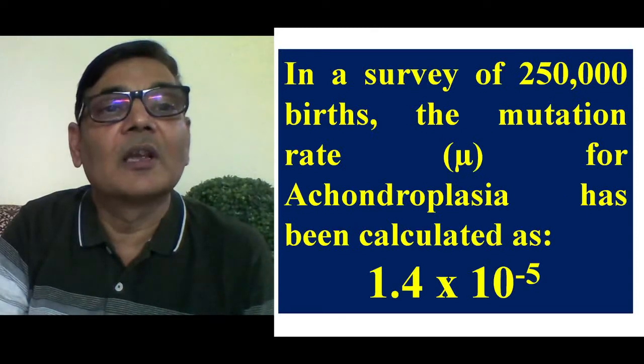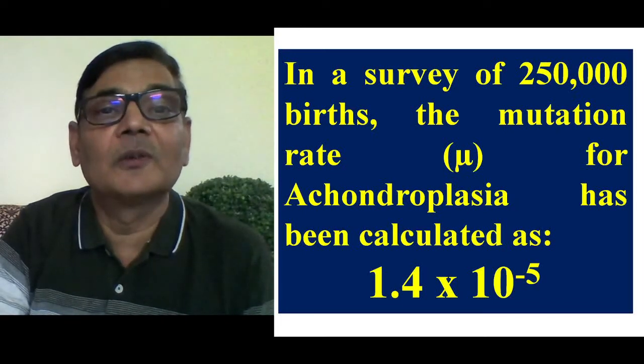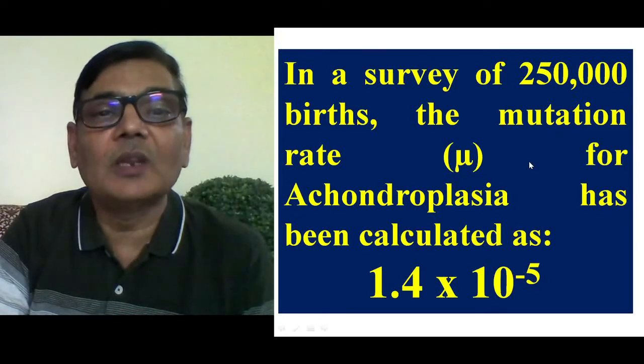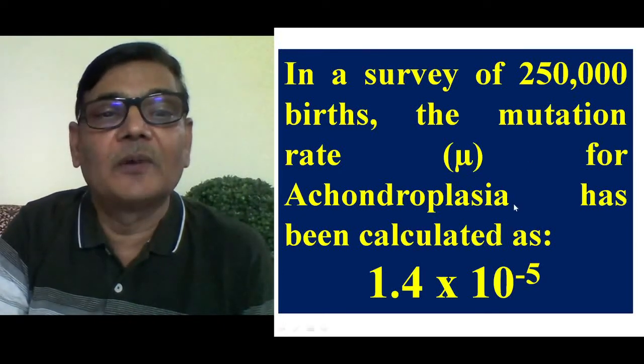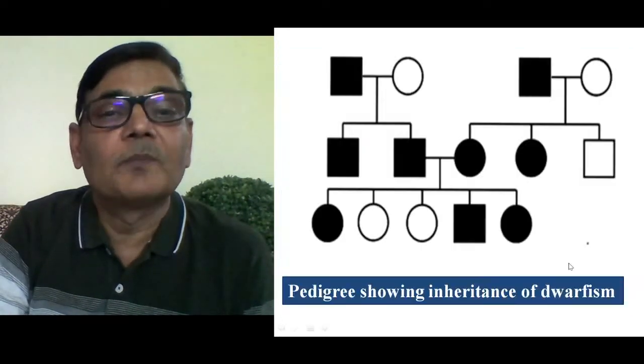So in a survey of nearly 250,000 births, the mutation rate, which is indicated by mu, has been calculated, and for achondroplasia, it has come to be 1.4 times 10 to the power minus 5. So this is the rate of mutation for this particular gene.